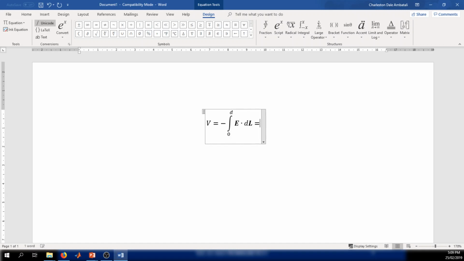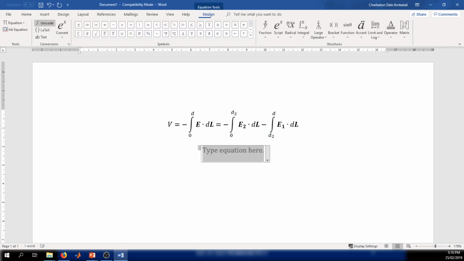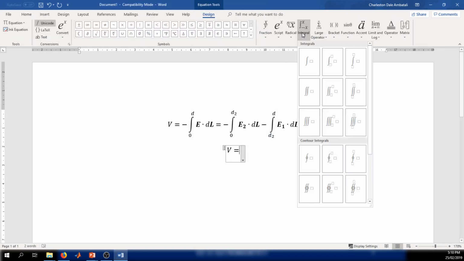We can split this integral into two parts: from 0 to d2, where you have an electric field E2, and from d2 to d, where you have an electric field E1. Let's express that in terms of your electric flux density.